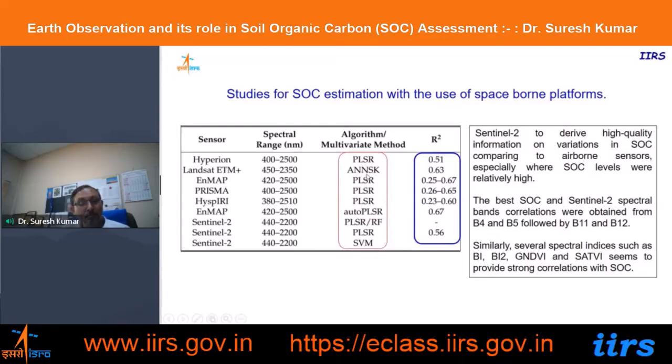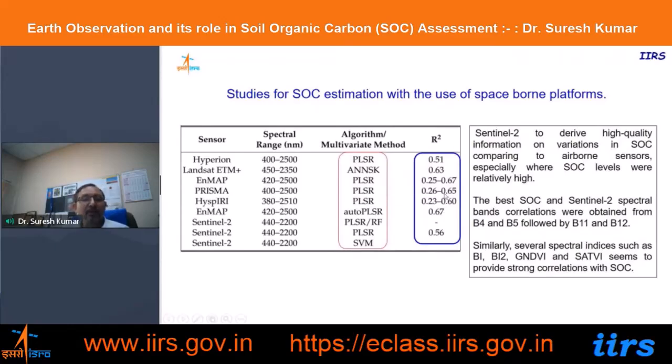PLSR, partial least square regression analysis, is the most commonly used in soil organic carbon mapping, along with support vector machine. But it has been found that the R square, the correlation coefficient between the reflectance characteristics of the soil and the organic carbon content, was not more than 0.6. So still we are not getting a very high correlation coefficient.